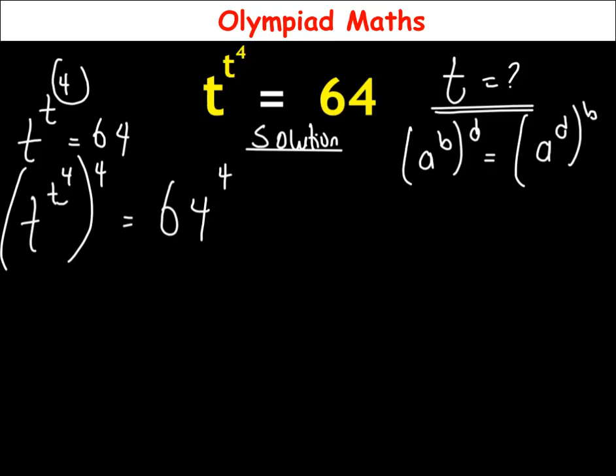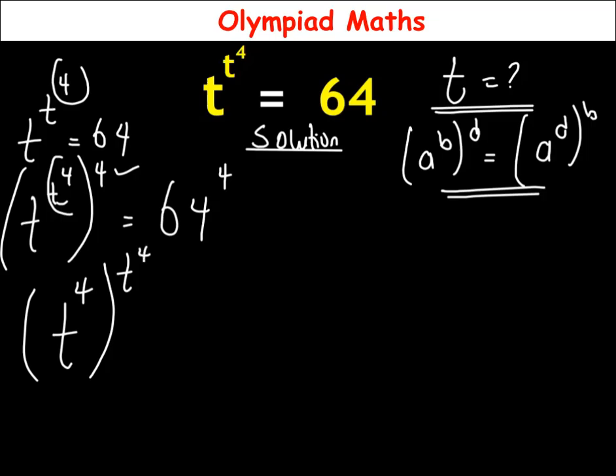So the power 4 comes inside and the other power 4 comes outside. So you have in brackets t raised to power 4, close bracket, then power t raised to power 4, is equal to 64 all raised to power 4.